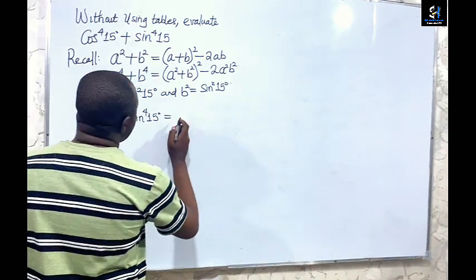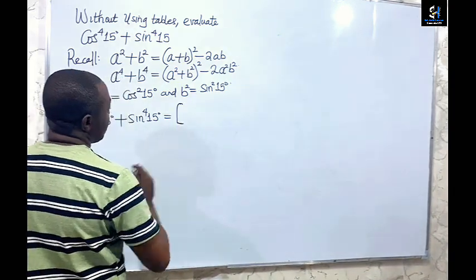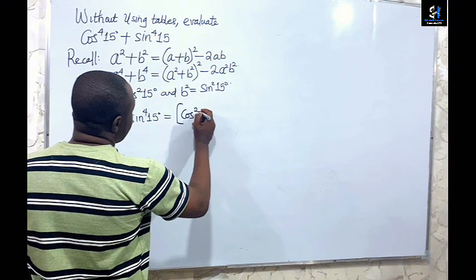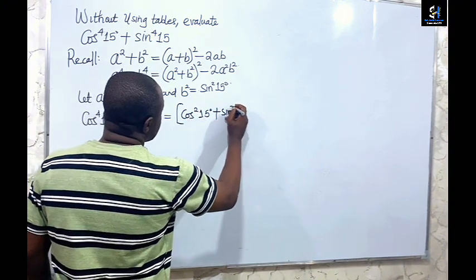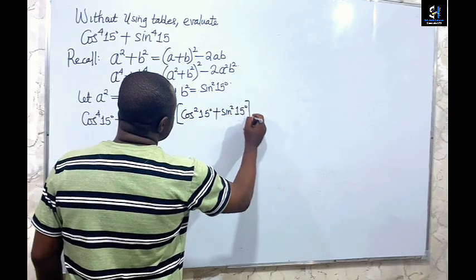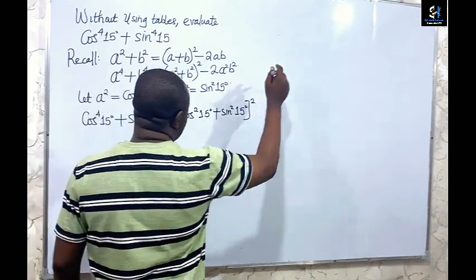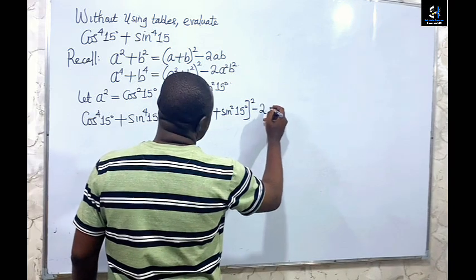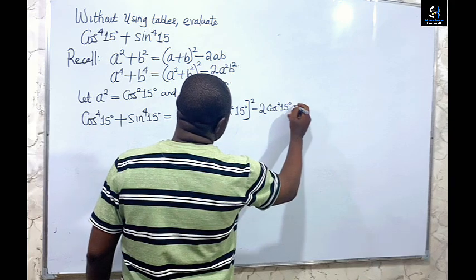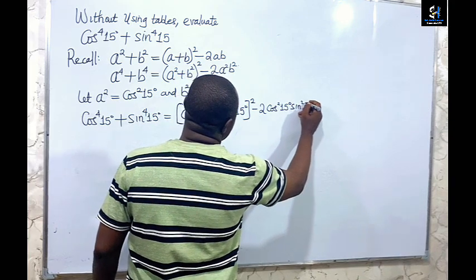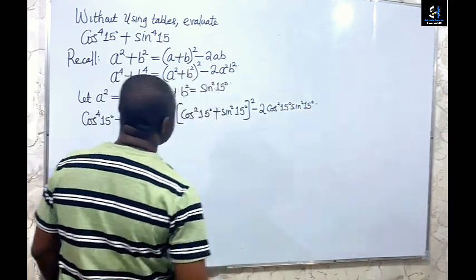In this case, we have the square bracket of cos squared 15 degrees plus sine squared 15 degrees, raised to the power of 2, minus 2 times cos squared 15 degrees times sine squared 15 degrees.